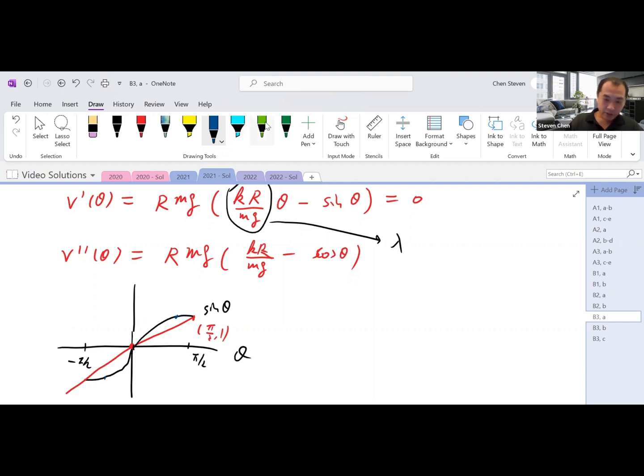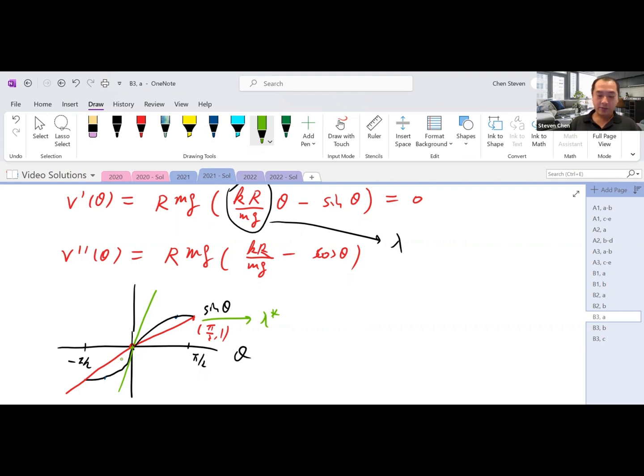So when the slope is equal to 1, then we know that for positive theta, it is tangent to sine theta, and for negative theta also tangent to it. So actually it's tangent to sine of theta, right? At point 0. So it means when lambda is equal to 1, let me call this lambda star, okay?